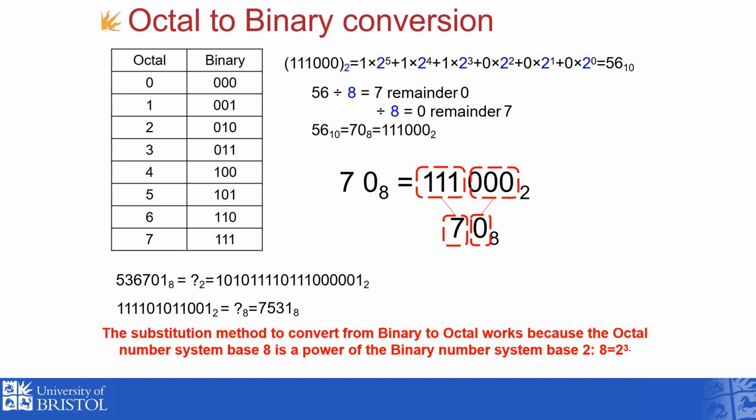Then if you divide again what was previously 7 by 8, then you get 0 and a remainder of 7, which is in this case the most significant bit. Now the conversion from the octal system to the binary one is pretty straightforward, the same way that you saw earlier.